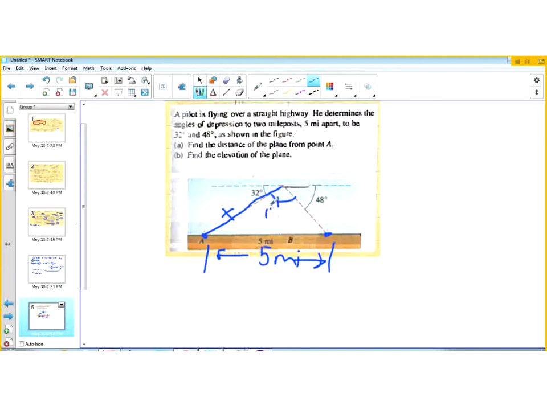Let's just call this angle theta. So theta is equal to 180 degrees minus (32 plus 48). And that's 100 degrees. Okay? So we have the following result.